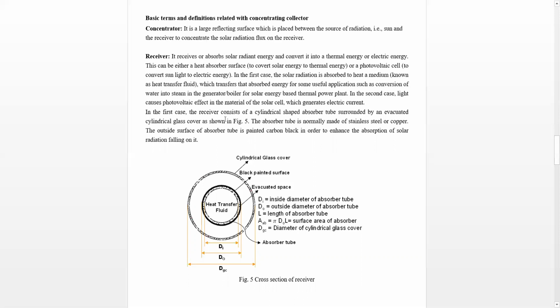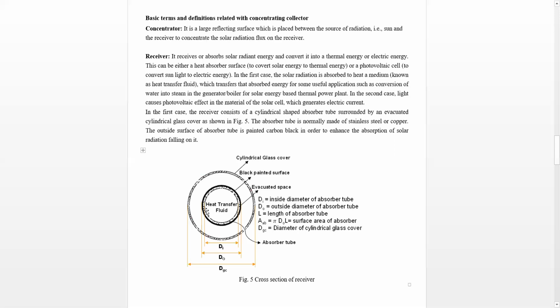Now, in the first case, the receiver consists of a cylindrical shaped absorber tube surrounded by an evacuated cylindrical glass cover, as shown in the figure. Let me explain this figure. Here this is a metallic tube. Inside this metallic tube, a heat transfer fluid flows, which transfers the heat absorbed in this tube.